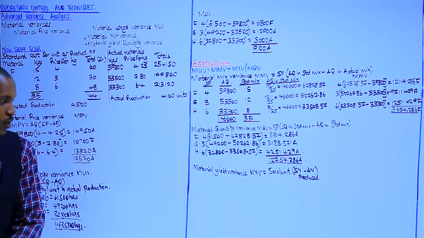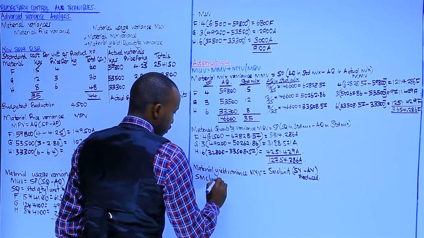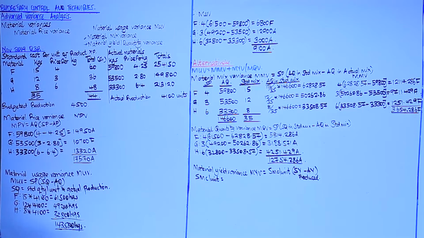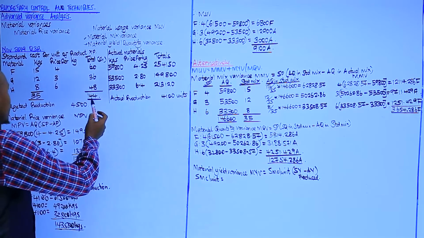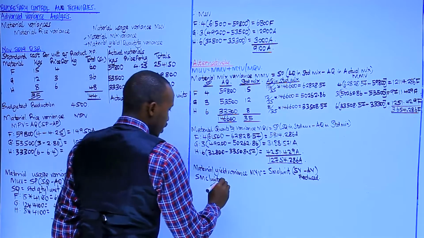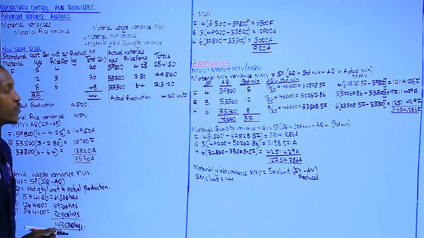Now we have to calculate our standard material cost per unit. Our standard material cost per unit is here, 648, which is how much? 144. 144.